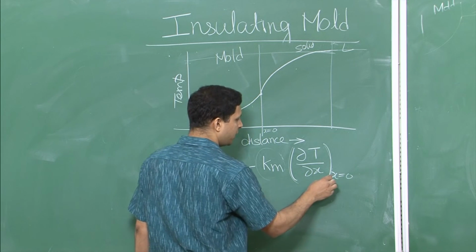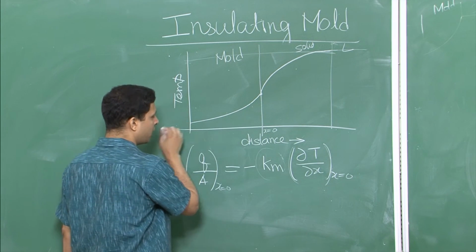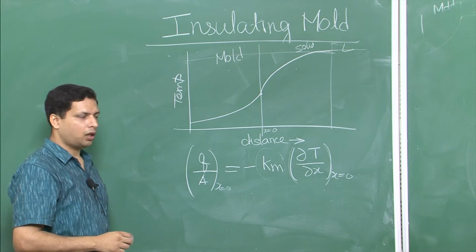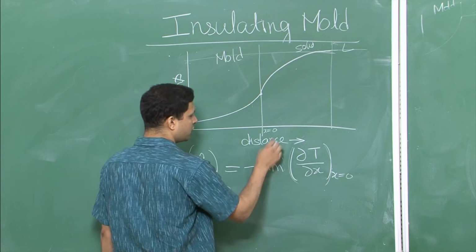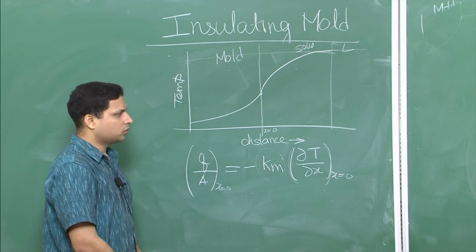So this thermal gradient, when we go from x equal to 0 to some negative values of x in the mold, becomes smaller and smaller. So what will that mean?